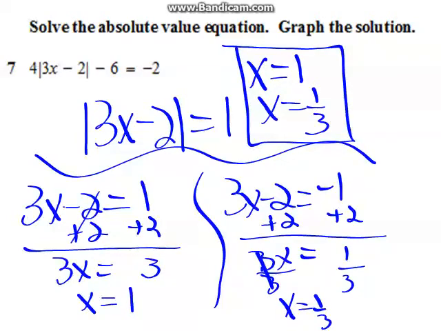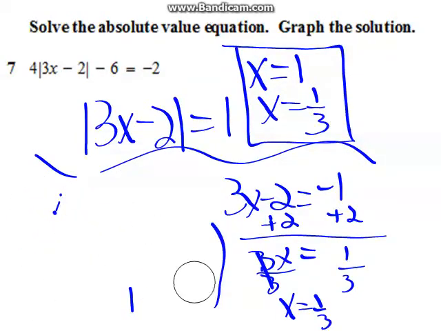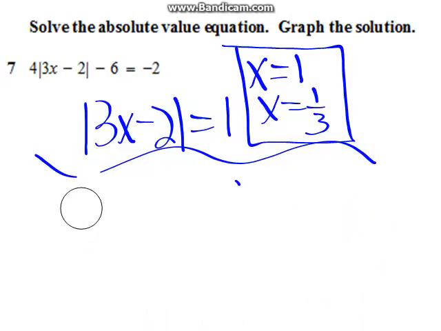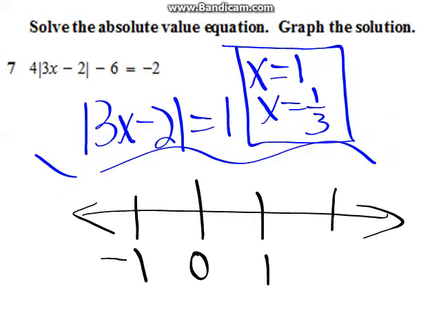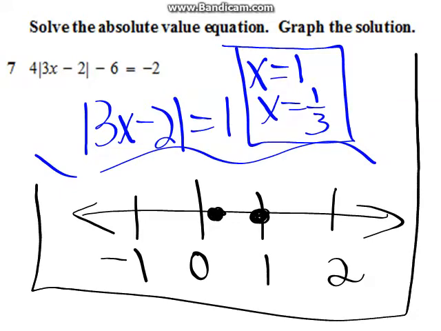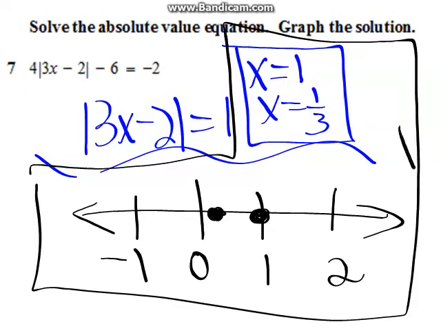To graph it, I'm going to put a number line here, 0, 1, -1, and 2. So we have it at x equals 1, and just about right there at 1/3. And this is our answer.